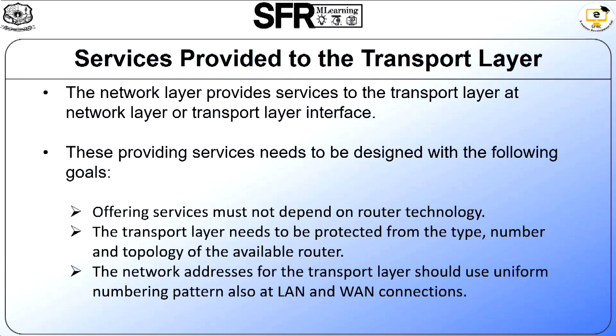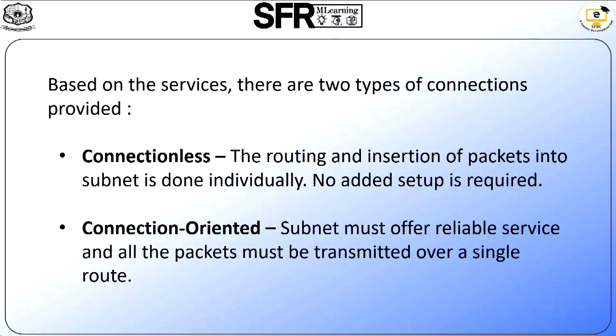The transport layer should be shielded from the number, type, and topology of the routers present. The network addresses made available to the transport layer should use a uniform numbering plan, even across LANs and WANs. Based on the services, there are two types of connections provided.